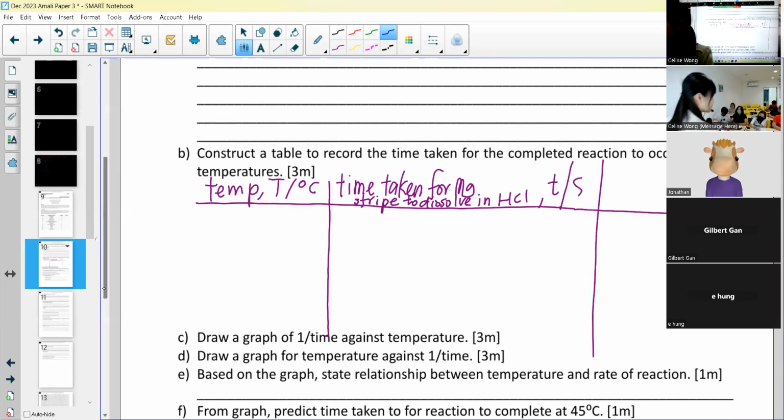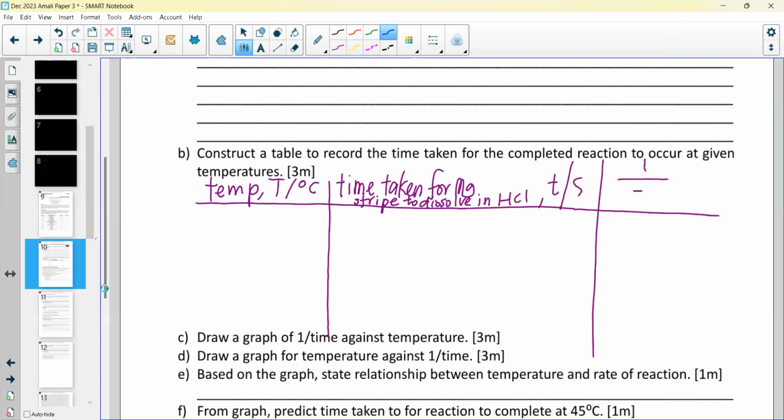Anything else? 1 over time. So you can do 1 over time, and then later on, you can put s^-1. The decimal point must be standard. Since we are using 30, it's a must for you to put 0.0, 40.0, 50.0.